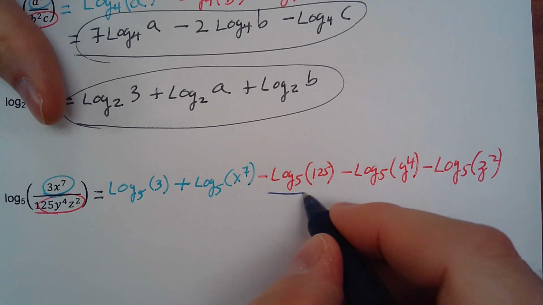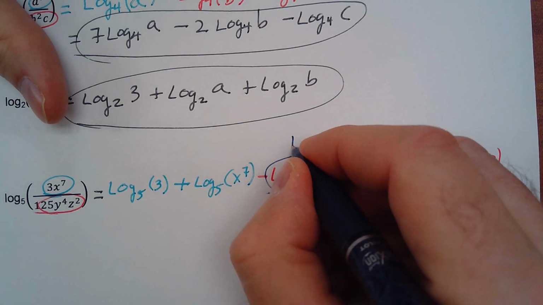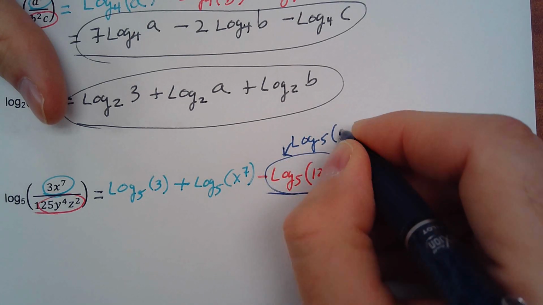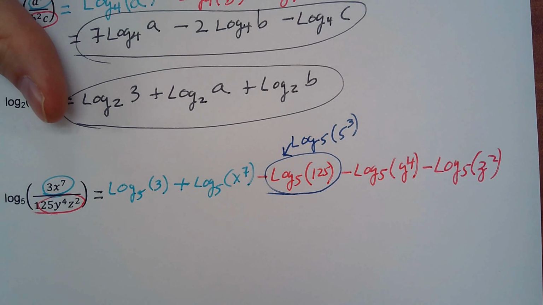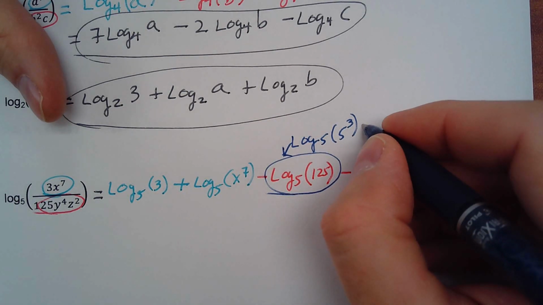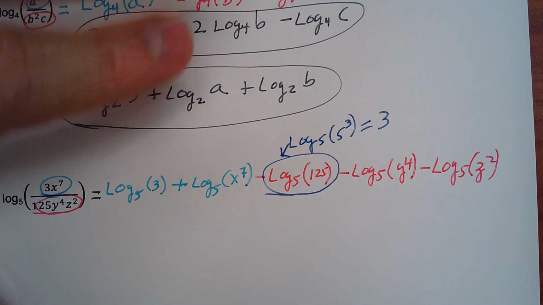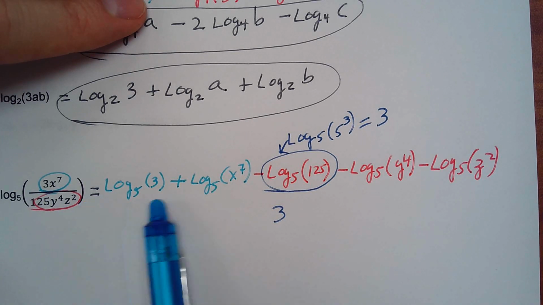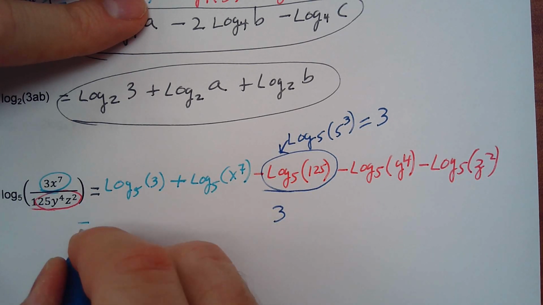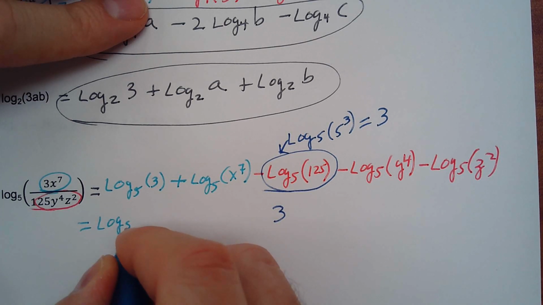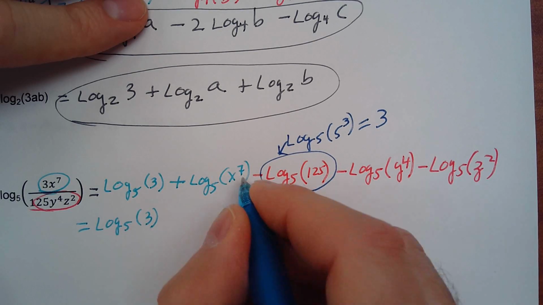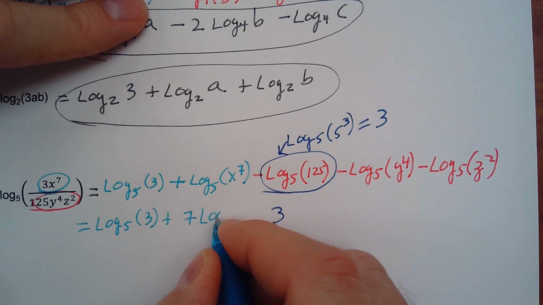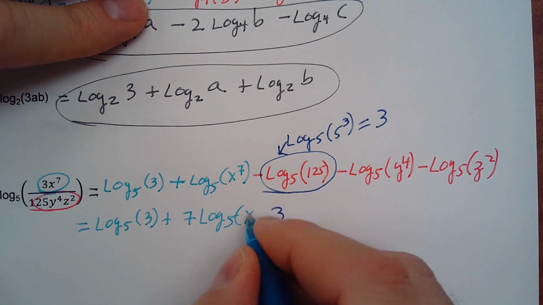Now this we're going to be able to simplify because 125 is the same thing as 5 to the 3rd. And if I do log base 5 of 5 to the 3rd, that's going to give me 3. So that's going to simplify to 3. Can't simplify that any further, so that just comes down as log base 5 of 3. The 7 I can pull out in front, so that'd be 7 log base 5 of x.